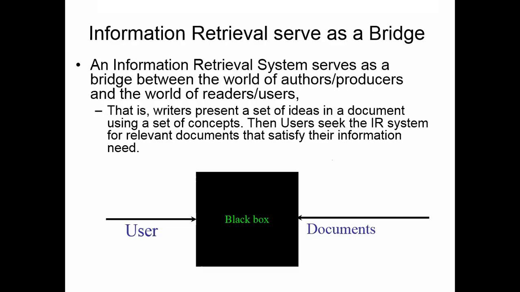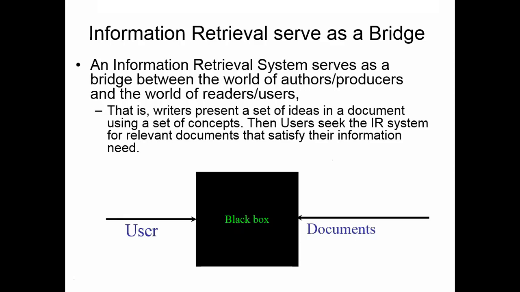So our major concern is the black box that can bring the user's world and the author's world into one village, such that authors can easily present their documents and users can easily search within those documents. So the issue is, how can we design the black box? The black box is the information retrieval system or search engine.